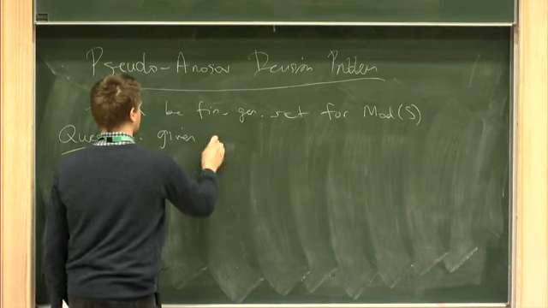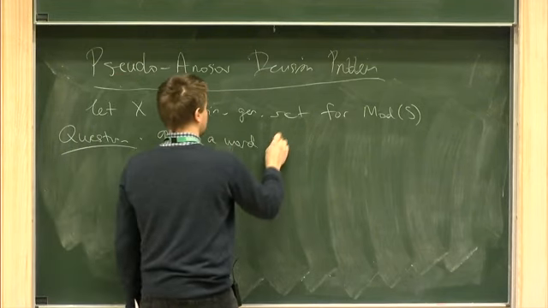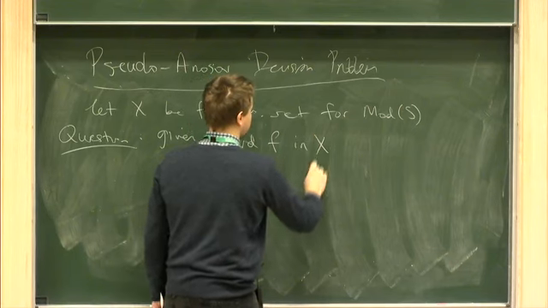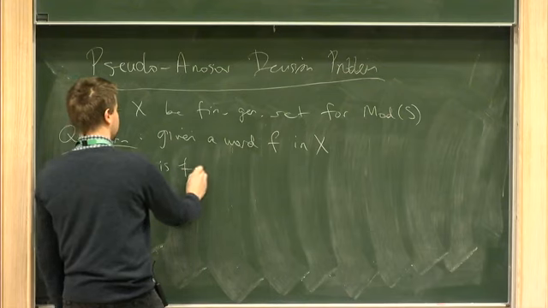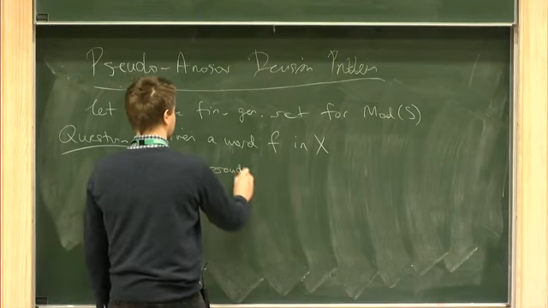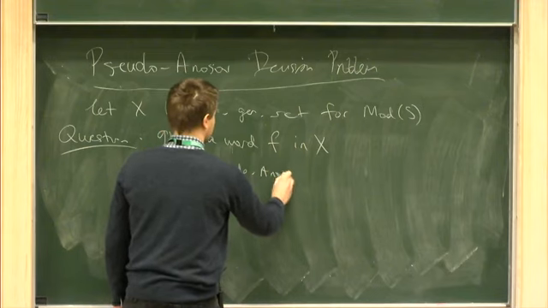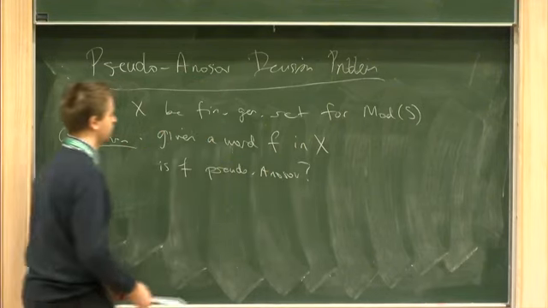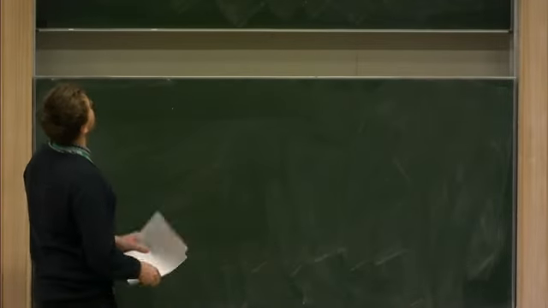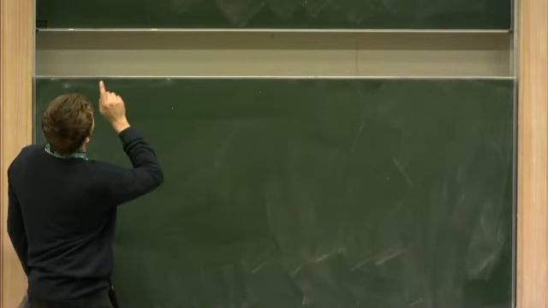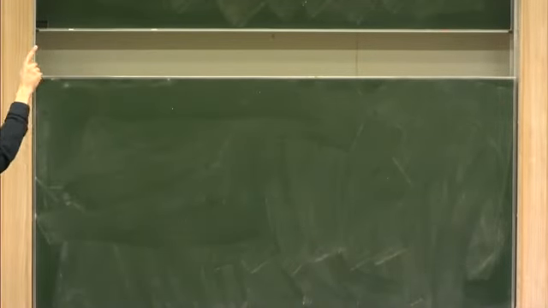Given a word F in X, is F pseudo-Anosov? I'm going to abbreviate this decision problem by PADP.